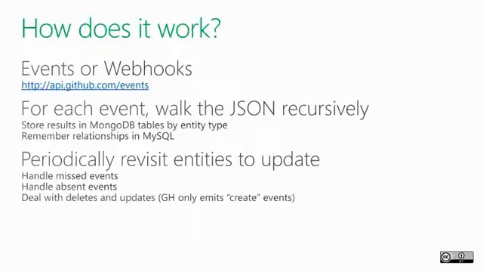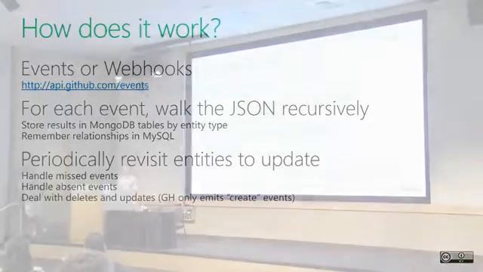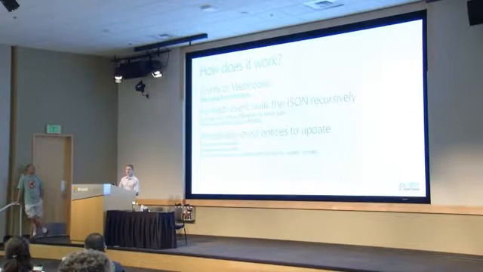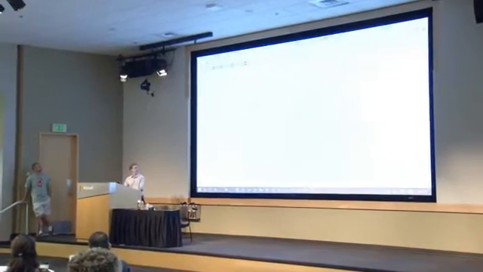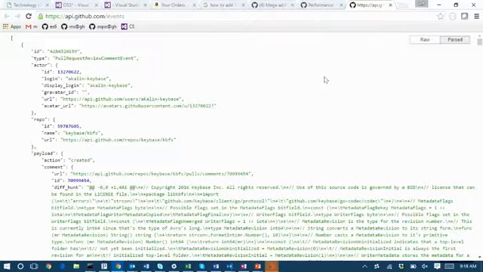So how does it work? Well, it uses primarily the Events API, GitHub's Event API. In Microsoft GitHub Torrent, we also use webhooks to get a live stream of data. And for each event, I'll just show you the event stream right now, if it'll work. Okay. Yeah, so if we go to api.github.com/events, we can see that there's just a whole bunch of JSON here.